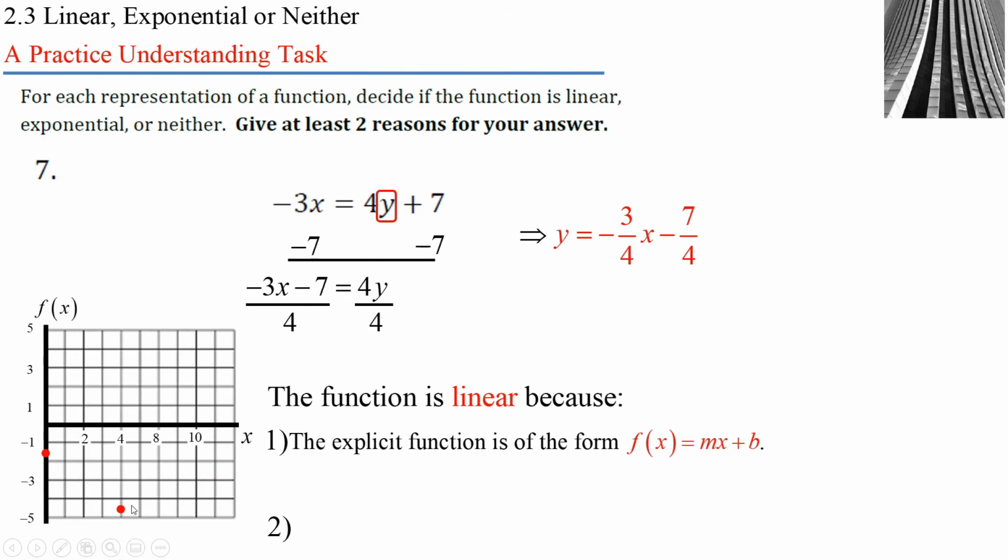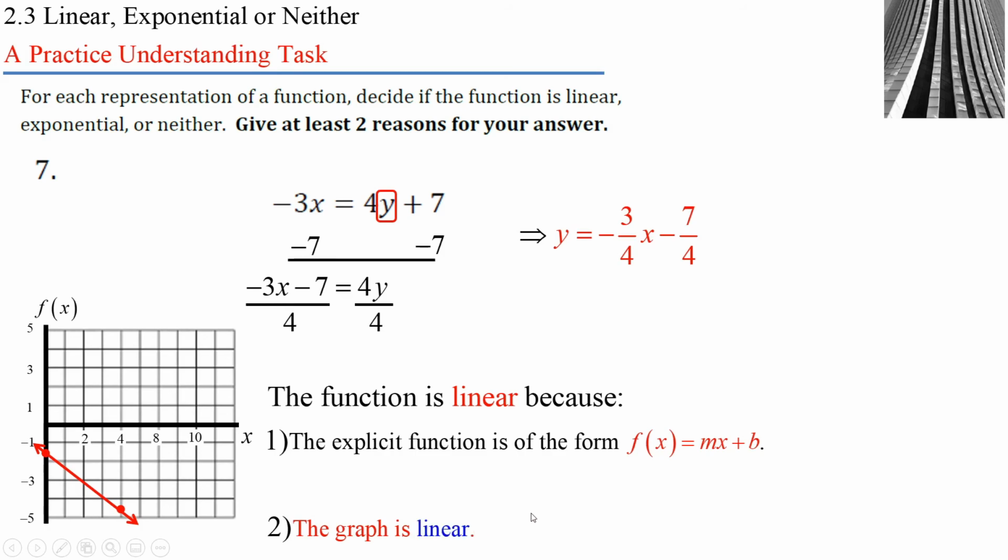And now 2 points determine a line, so I'm going to get my ruler out and draw a straight line between those 2 points. And look, I even put an arrow on both ends, telling the world it's going to go on forever in both directions. All right, so my second reason that this is linear is because the graph is a straight line.